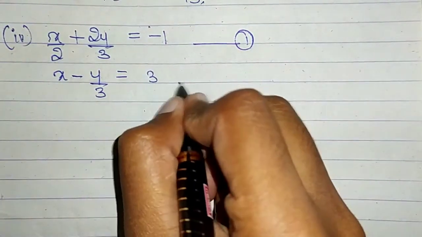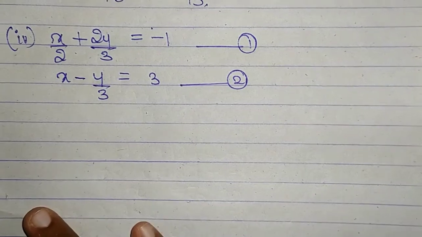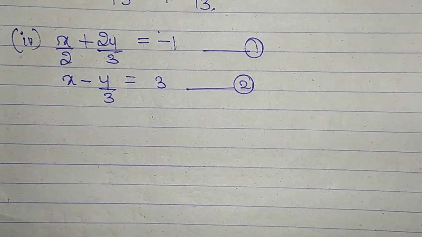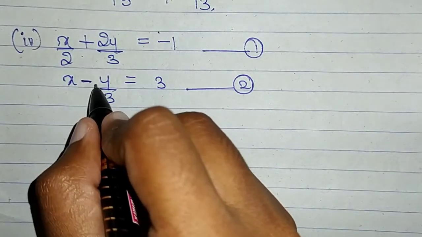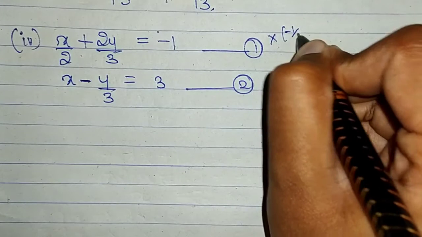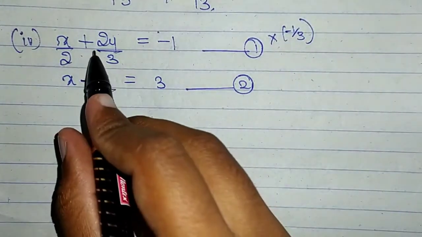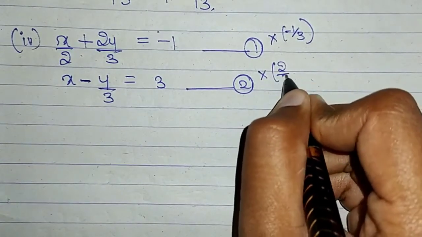This is the second equation. Here let us eliminate the y variable. So in the second equation the coefficient is minus 1 by 3, so multiply by minus 1 by 3. And in the first equation the coefficient is 2 by 3, so multiply by 2 by 3.